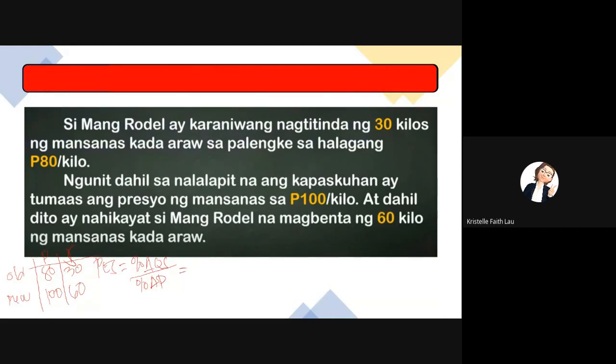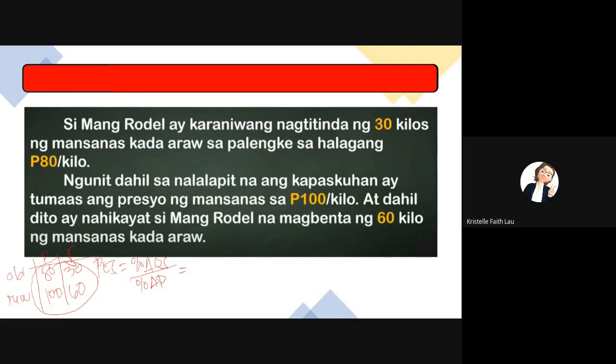So, okay. Transpose na natin yung mga values galing dito. Diretsuhan na natin kasi maliit lang yung space natin dito. So, we all know na mauuna talaga yung new supply, the QS2 minus QS1.